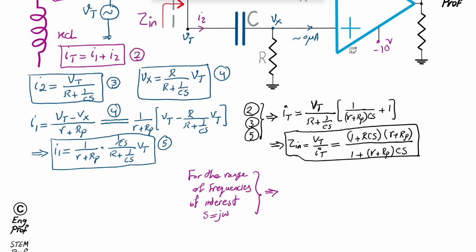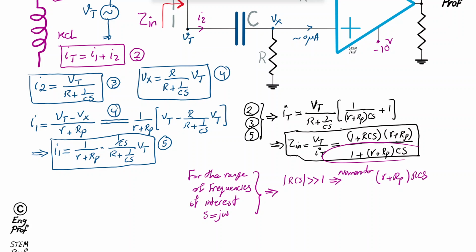So if I have the absolute value of RCs much, much larger practically than 1, then I can neglect 1 in the numerator, and I can write R plus Rp times RCs in the numerator.